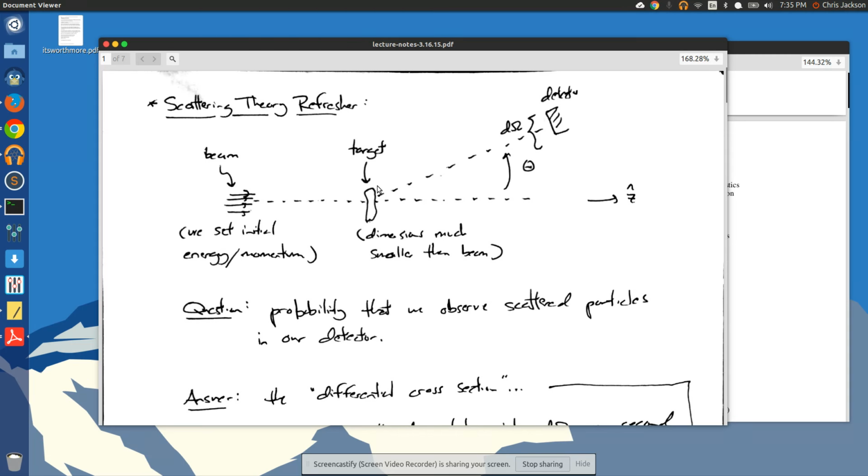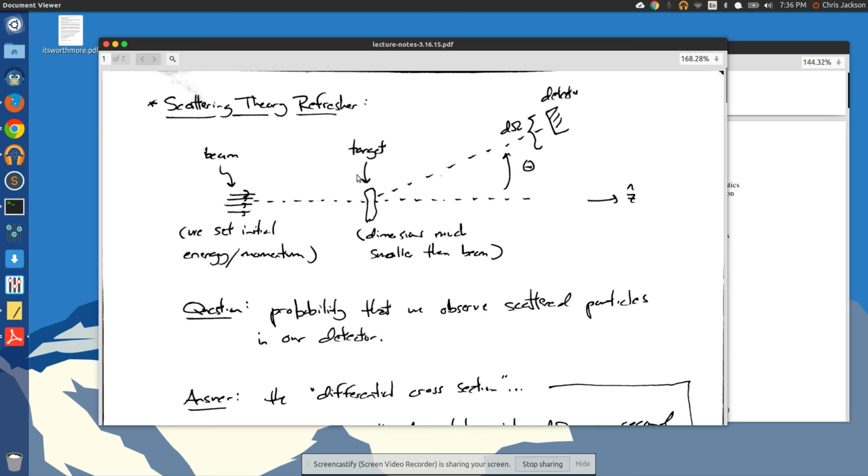Typically, the dimensions of the target, or really the potential that these particles are going to interact with, is a lot smaller than the cross sectional area of this beam. And that allows us to make a handful of approximations that make life easy on us.